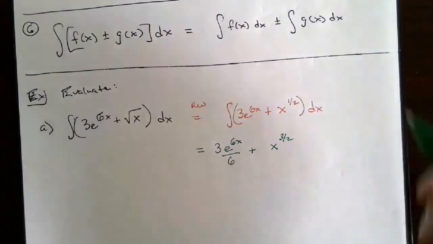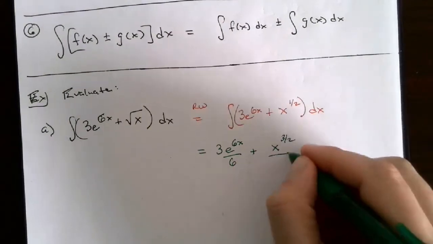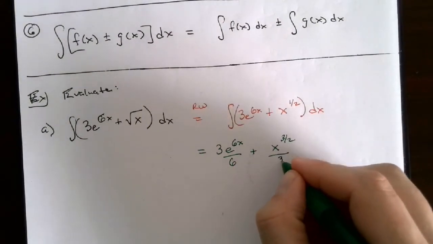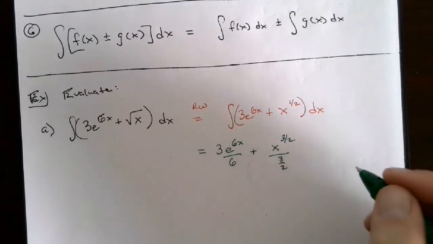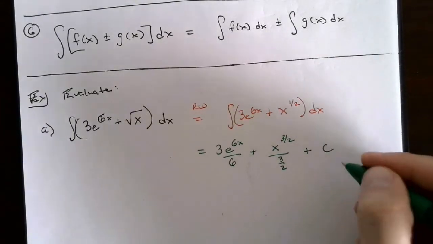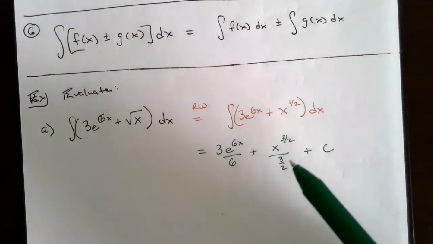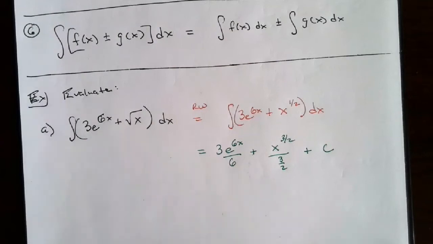Make sure you say it that way, keep it as an improper fraction. And then remember, you have to divide by that same new exponent, so I'm going to divide by 3/2. And then at the end of this, you want plus c. Make sure you put plus c. You're going to need that at the end of all these indefinite integrals.